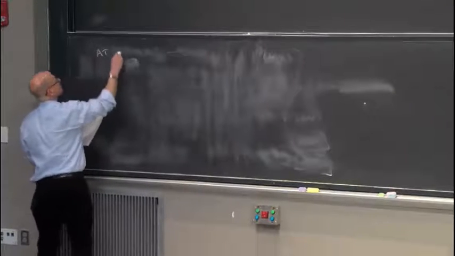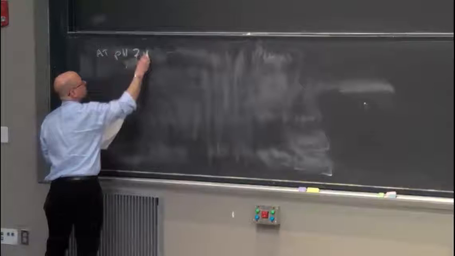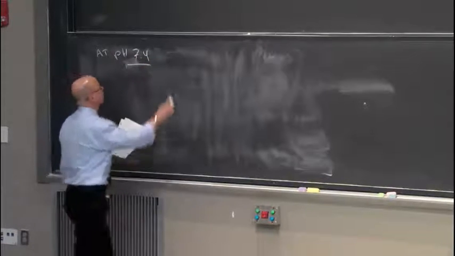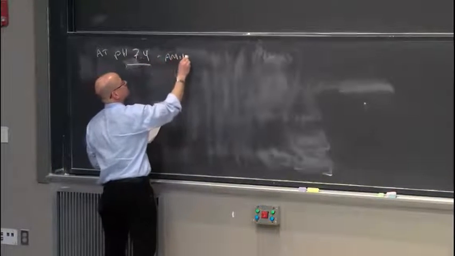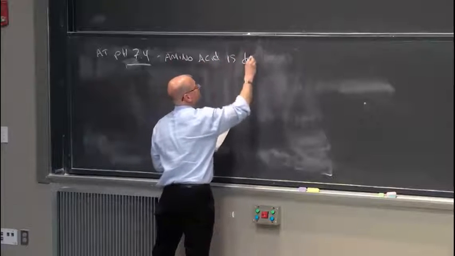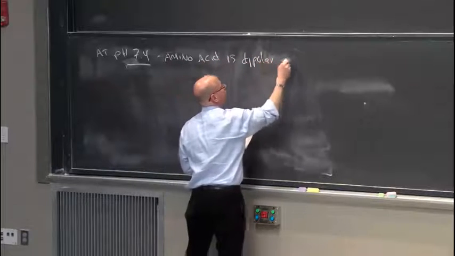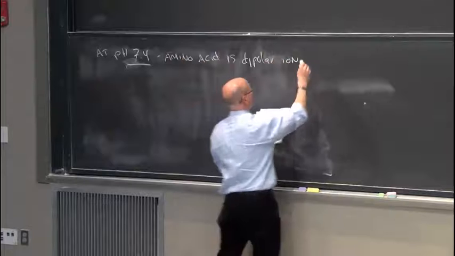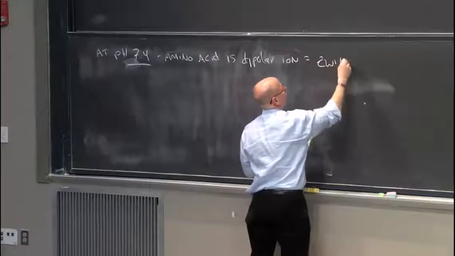At physiological pH, at a pH of 7.4, the amino acid is a dipolar ion, which is a Zwitter ion.